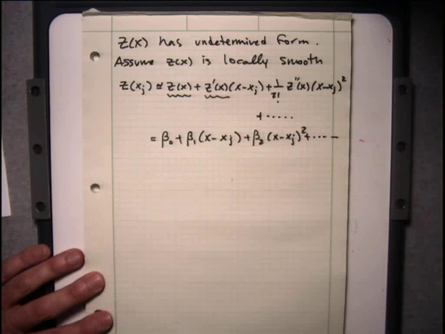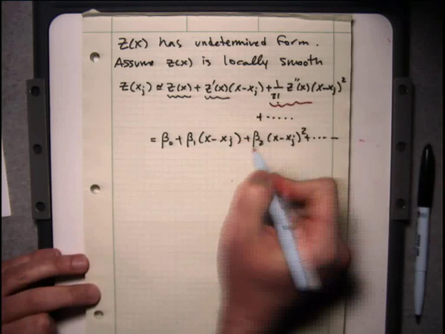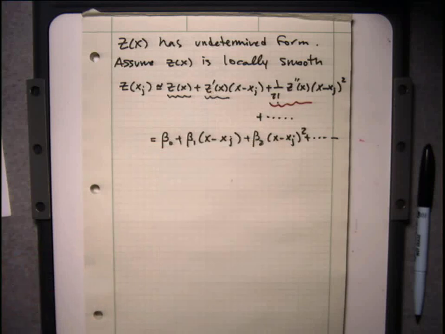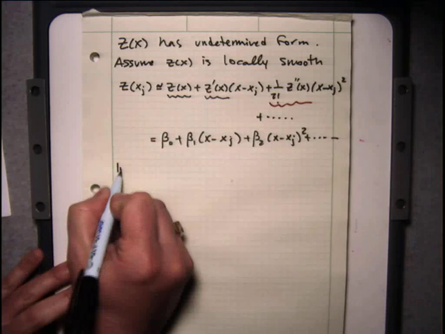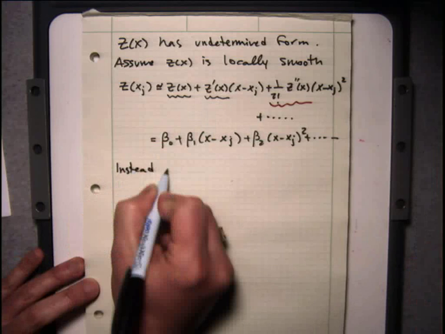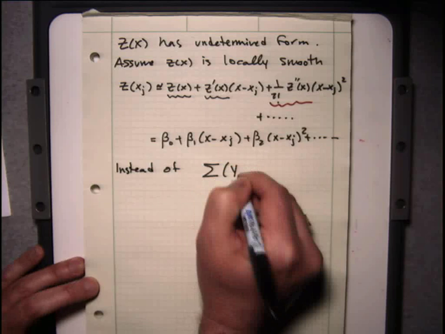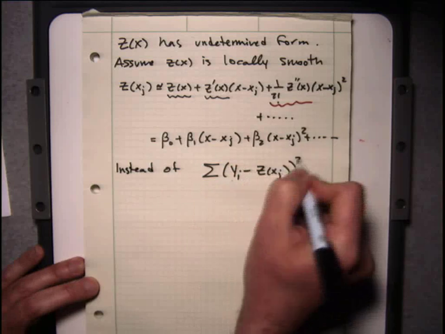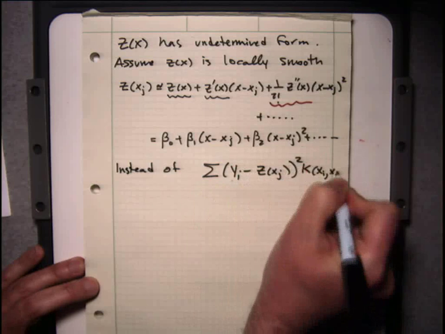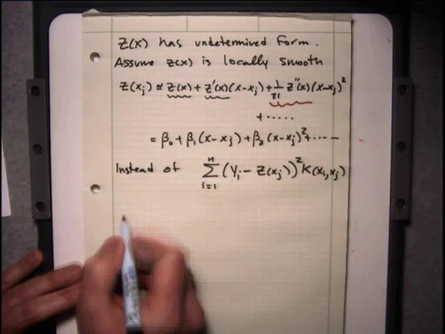Okay? So this is beta 2, beta 1, beta 0. Okay? So now, instead of this least squares, which was yi minus z(xj) squared with k of xi xj, instead of this, I'm going to do the following.